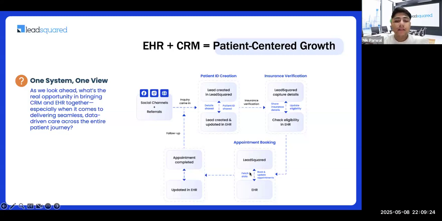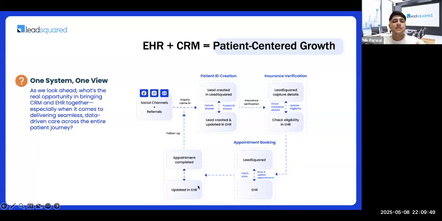So we can fetch the available time slots from the EHR into the LeadSquared system, so users technically don't have to log into the EHR at all. They can just capture all the information in the CRM, run the eligibility, schedule the appointment, and that's it, right? And the information is automatically going from the CRM into the EHR.